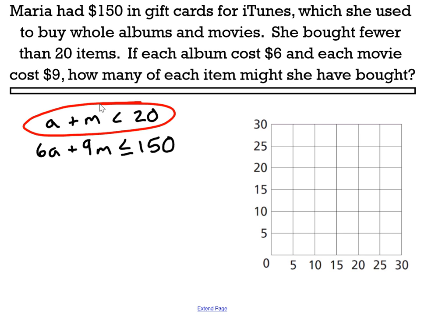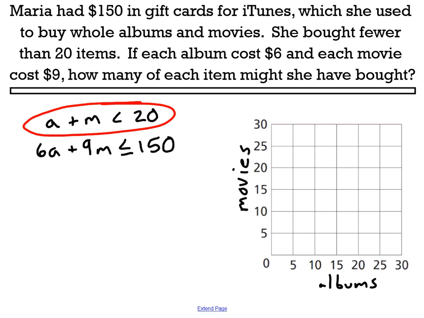So let's label our graph here. Let's call this albums. Let's call this movies. So we know if she bought 0 movies, she could buy 20 albums.